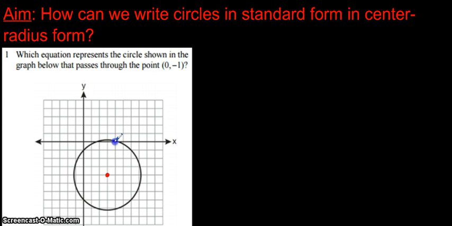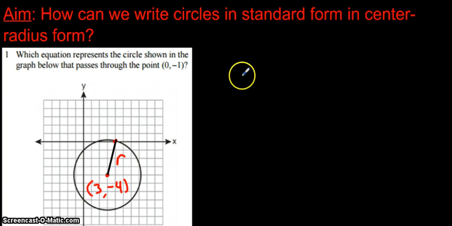So this point, we can see what that is. So this is the radius. We'll call that r. And the center, in this case, is 3, -4.